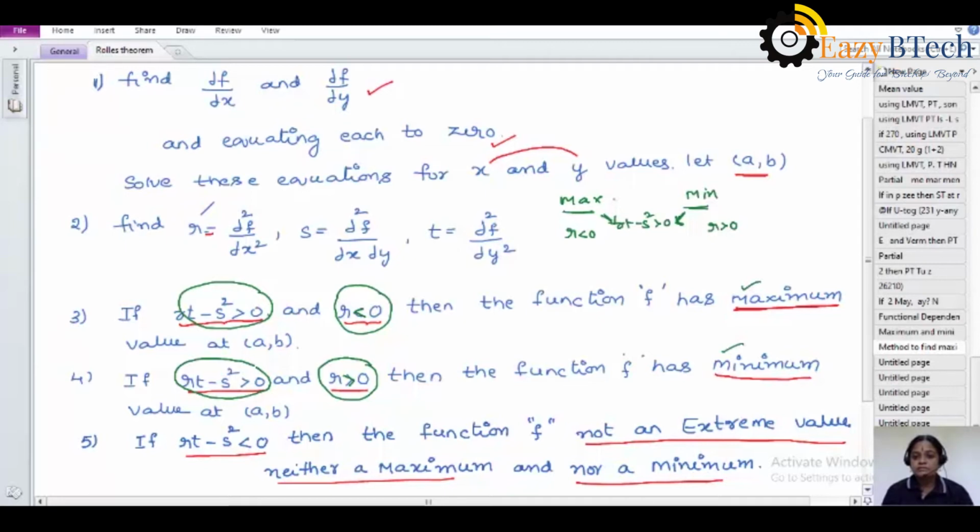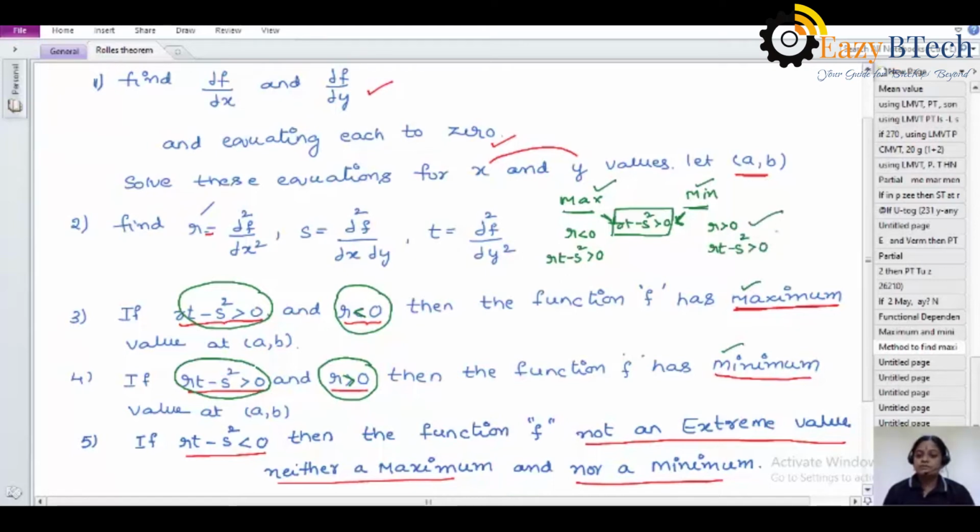For both maximum and minimum, the common term is rt minus s square greater than 0. Again I am repeating, students, for maximum r less than 0, rt minus s square greater than 0. For minimum r greater than 0 and rt minus s square greater than 0.